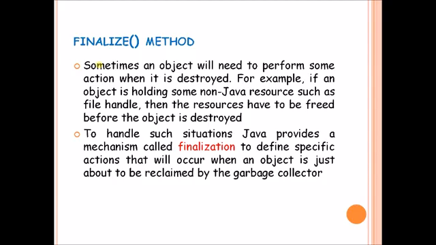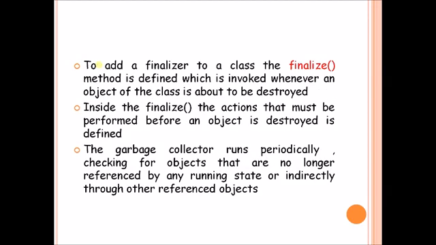For example, if an object is holding some non-Java resources such as a file handle, then the resources have to be freed before the object is destroyed. To handle such situations, Java provides a mechanism called finalization to define specific actions that will occur when an object is just about to be reclaimed by the garbage collector.